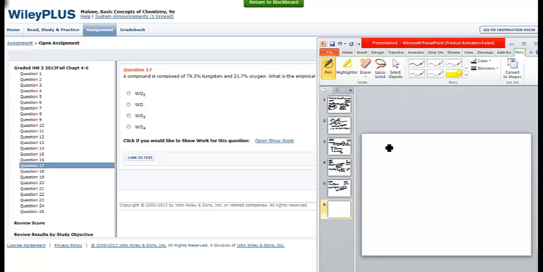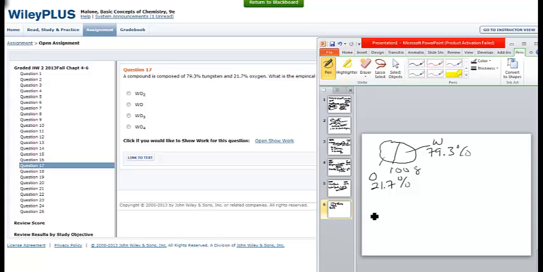We have a sample with 2 things in that sample. We have tungsten, and that is 79.3% by mass, and the other one is oxygen, and that is 21.7% by mass.